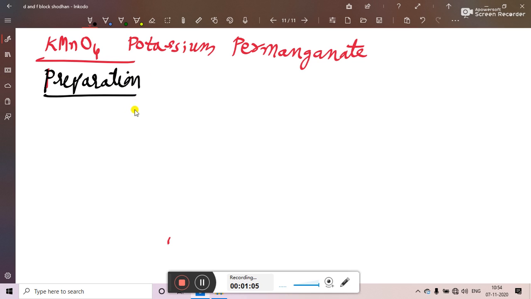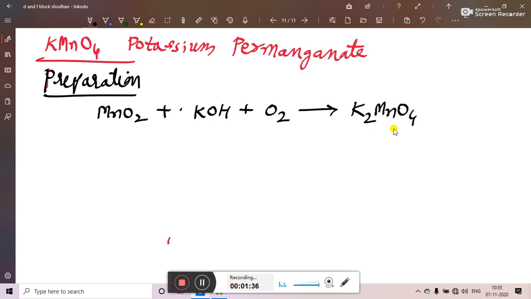KMnO4 is prepared by fusion of MnO2, that is manganese dioxide, or we say pyrolusite, with an alkaline metal hydroxide such as KOH, and an oxidizing agent such as oxygen or potassium nitrate. So this produces dark green colored K2MnO4, that is potassium manganate.